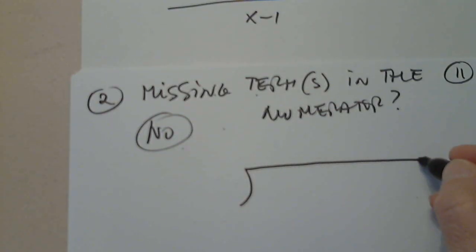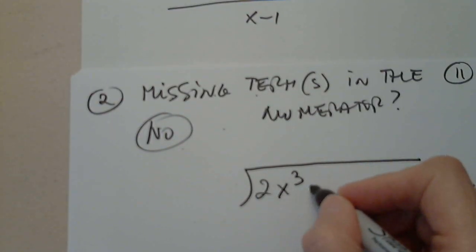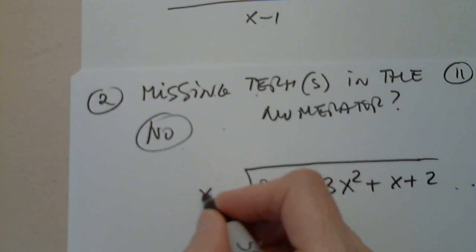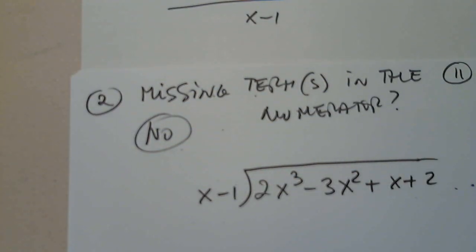Here's the algorithm. 2x to the third minus 3x squared plus x plus 2 and x minus 1. It's the same procedure. It will look different though because of the variable and because we have two terms in the divisor.